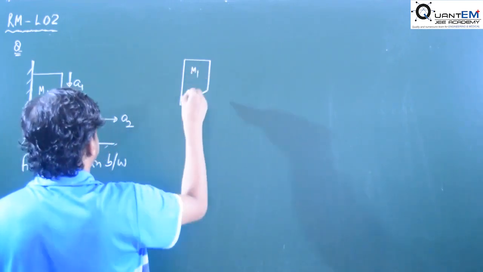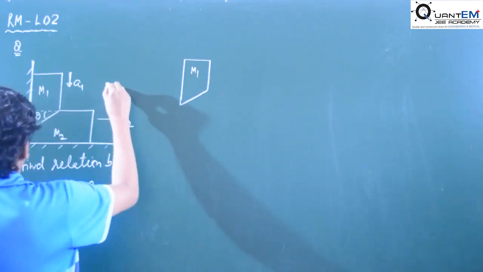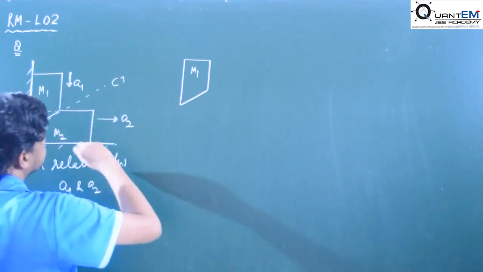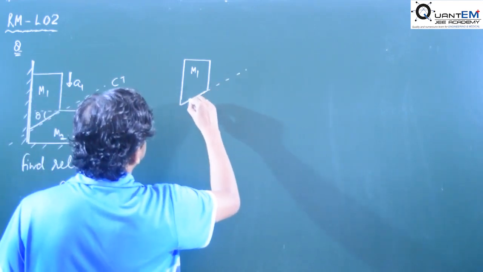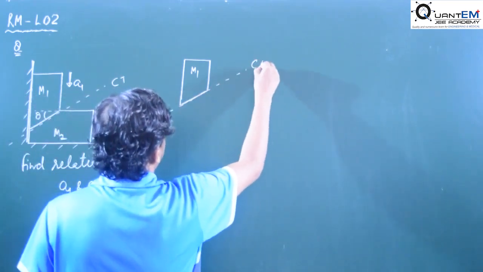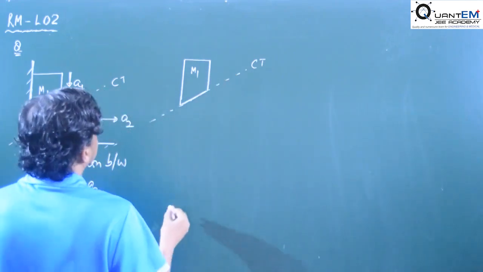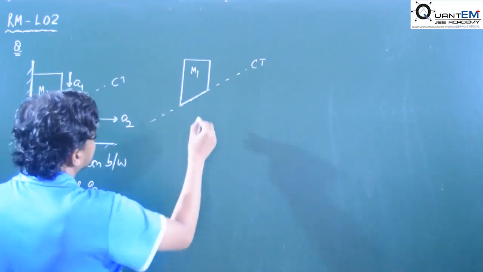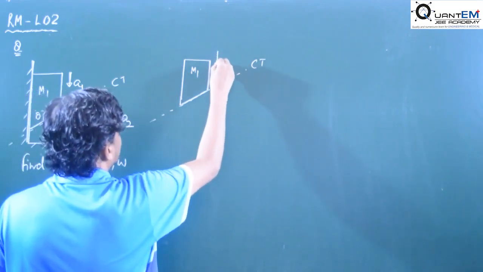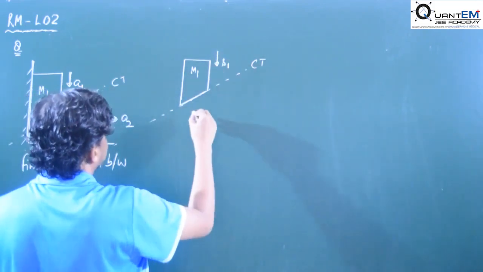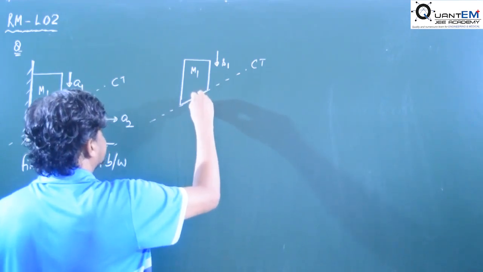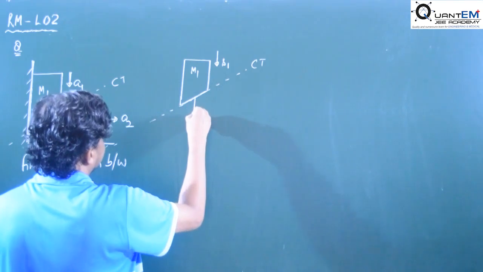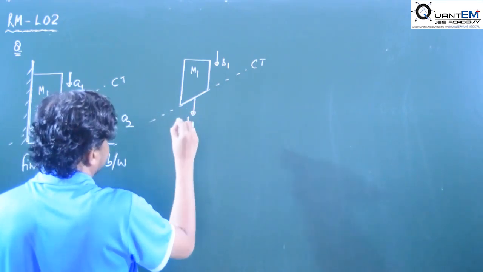This mass is m1. This one will be the common tangent. Now this mass is restricted to move in the downward direction. So this one has, suppose, displacement s1, and perpendicular to the common tangent, we take the component of s1.